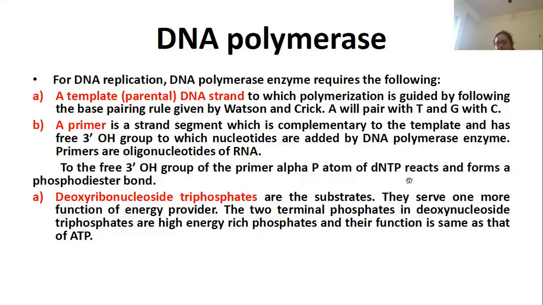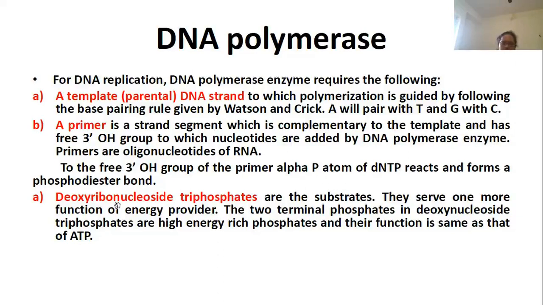So we know the nucleotide structure in which the phosphate, sugar, and nitrogenous base are there. The phosphate has the phosphorus atom, and if there are 3 phosphate groups, they are designated alpha, beta, and gamma. So the alpha phosphorus atom of the deoxynucleoside triphosphate will react and will form a phosphodiester bond.